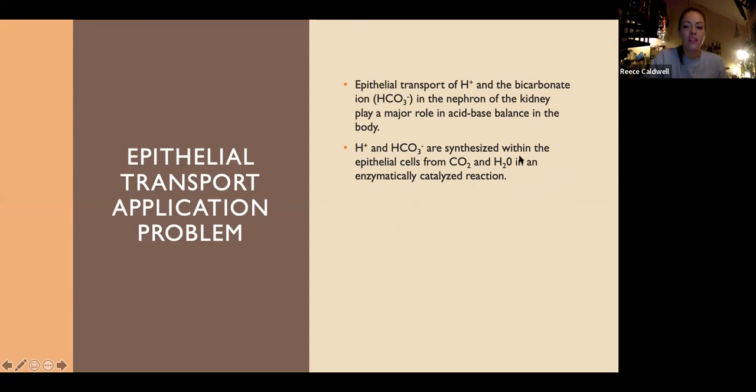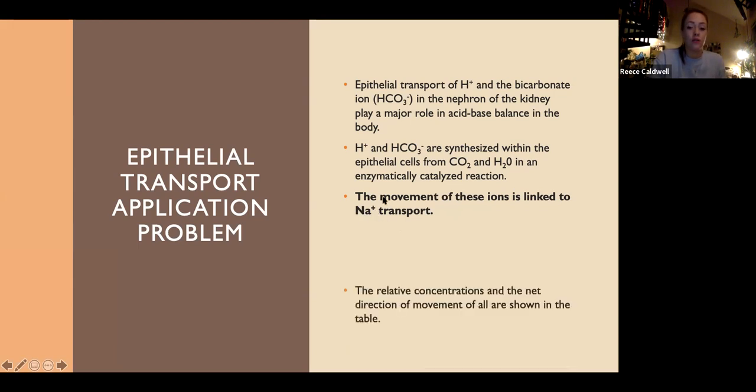I wouldn't worry too much about this. We'll learn more about that in Unit 3 when we get to the renal system. However, something important to note is that the movement of these ions, hydrogen and bicarb, are linked to sodium transport. So if you haven't put it together by now, sodium is a major component in transporting other molecules.